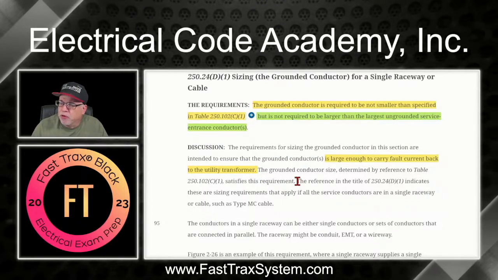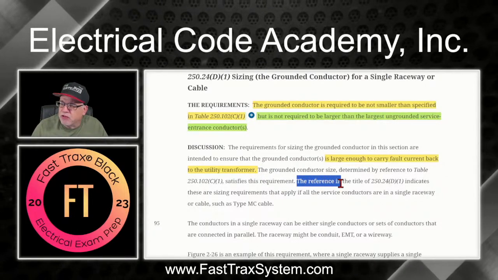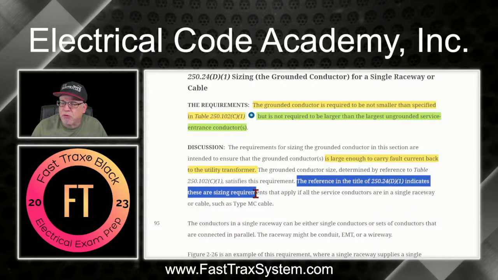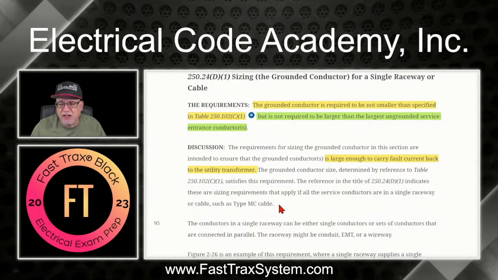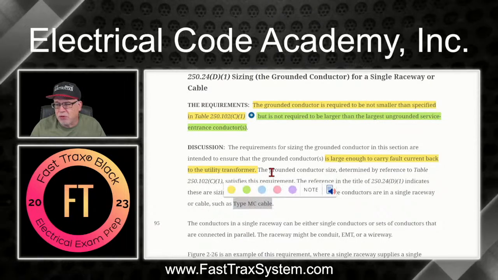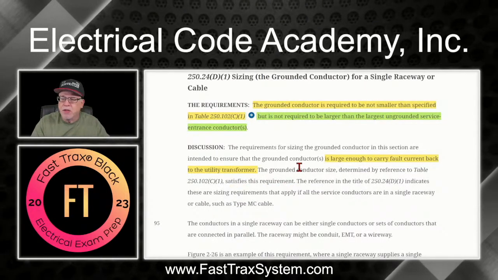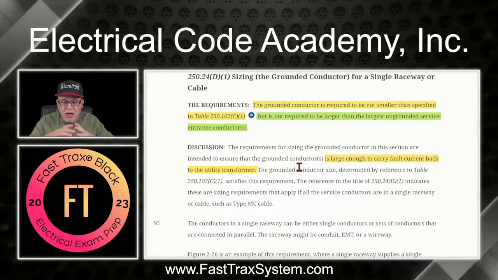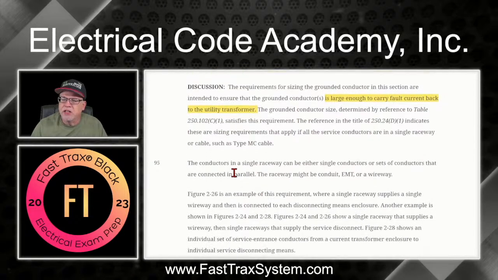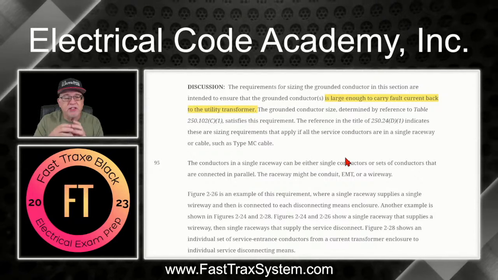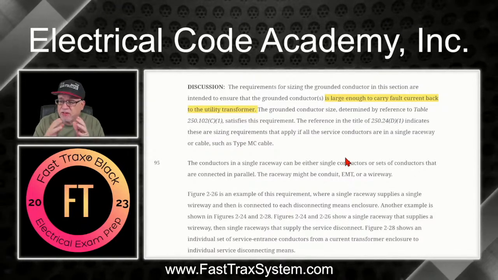All right, so the reference in the title of 250.24(D)(1) indicates that these size requirements apply to all service conductors that are in a single raceway or cable. A good example of that might be a Type MC cable or Type TC cable, where that's one cable assembly. Okay, so that's what it's referring to. Now, conductors in a single raceway can either be single conductors, or you could have sets of conductors run in parallel in a single raceway.